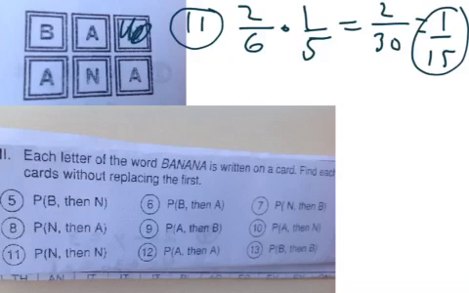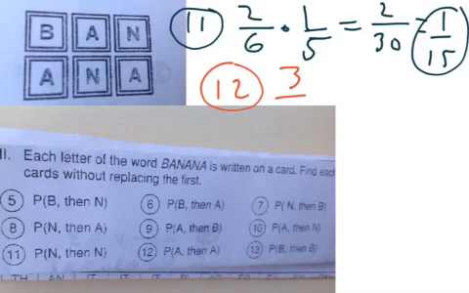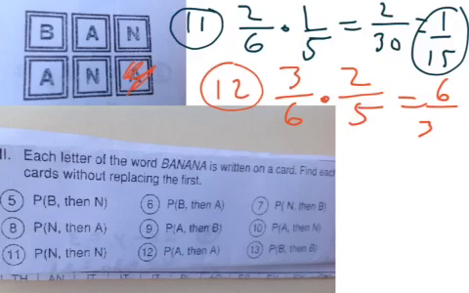Okay, number 12. Almost done. It asks, what's the chance of getting an A? Well, there's a 3 out of 6 chance, right? And once one of them is gone, there's a 2 out of 5 chance. So that gives me 6 out of 30, which reduces to 1/5 again.